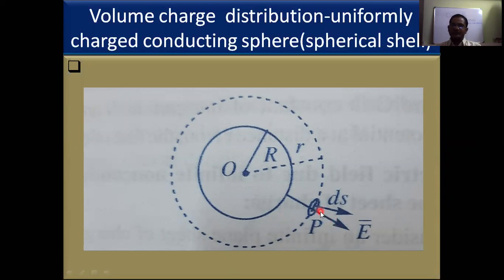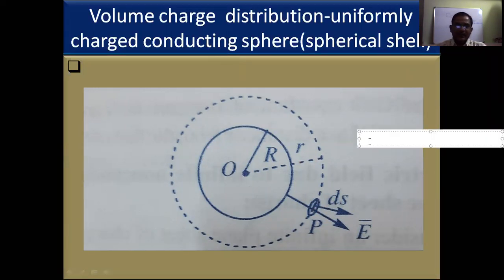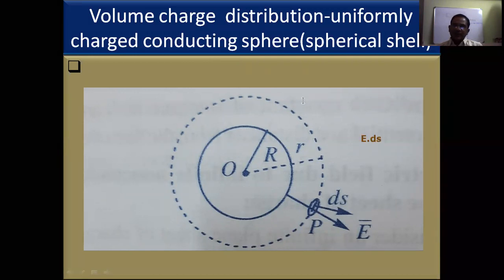That is 0. Then the flux through this area element is given by d phi equal to E bar dot ds bar. This is the flux through this small area element. But we have to consider the total flux coming out through the entire spherical surface.